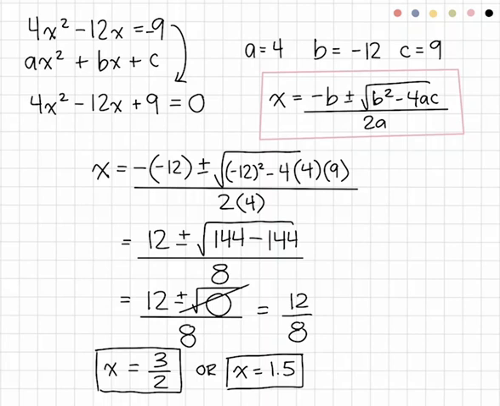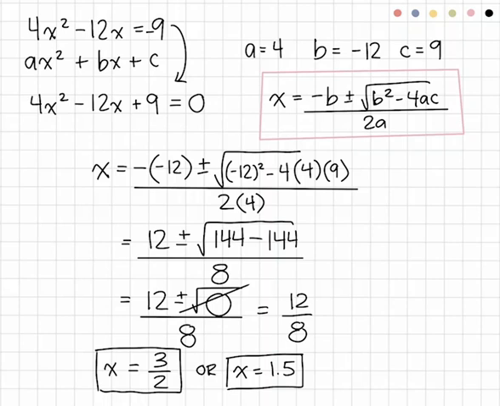If you recall from our previous video, when we only have one value for x, that means it's representing the x value in our vertex, and it's also the x value of the axis of symmetry. Okay, so if you're ever doing something in the quadratic formula and you find that you have to, quote unquote, find the square root of 0, you know that you're only going to be given one value for x.